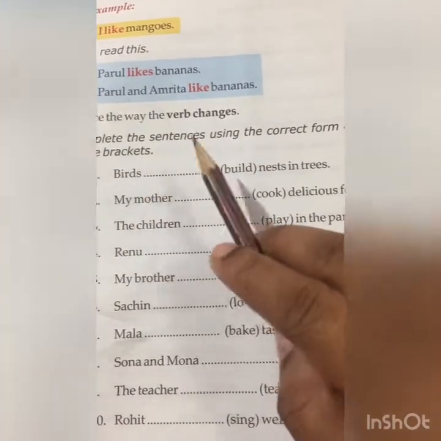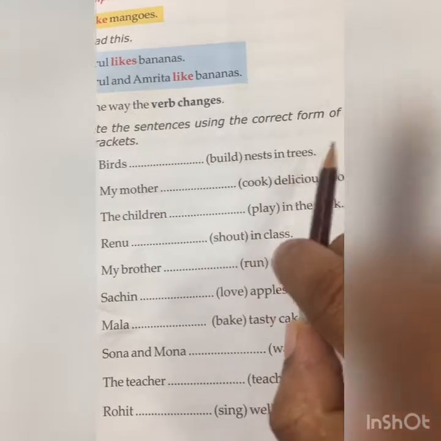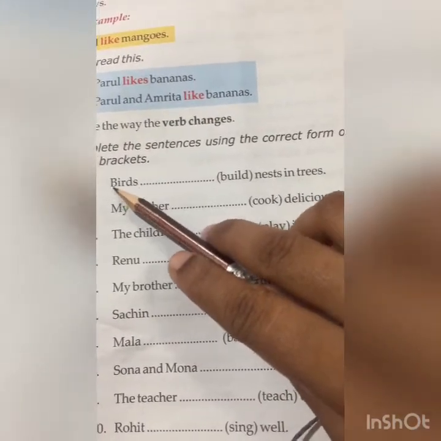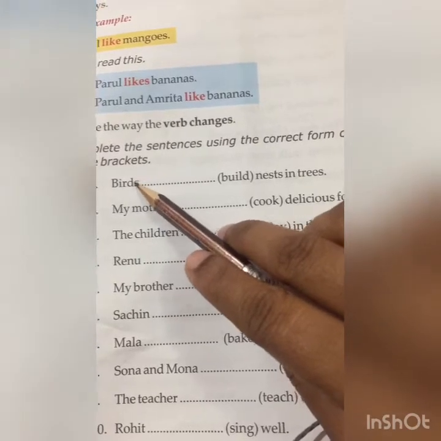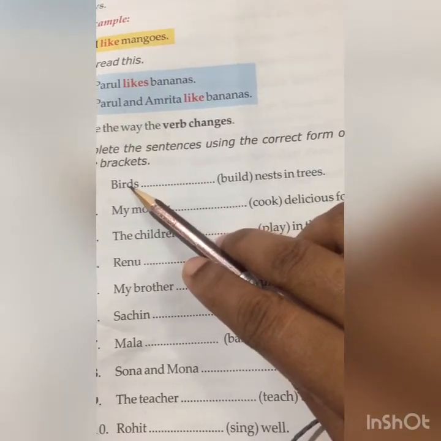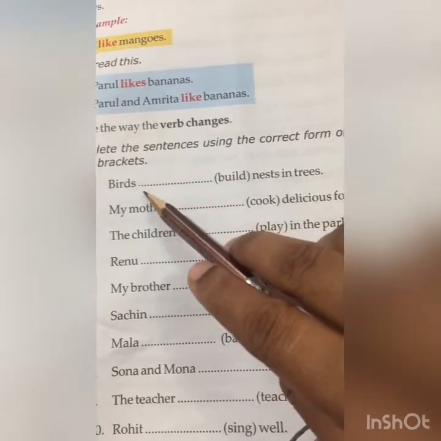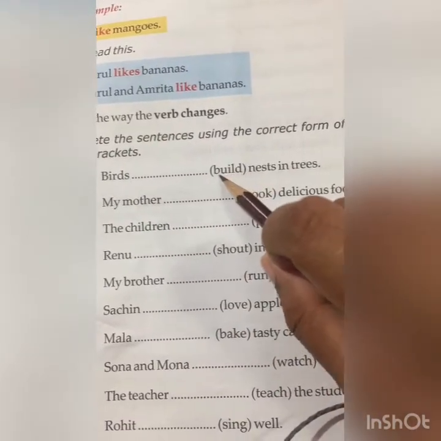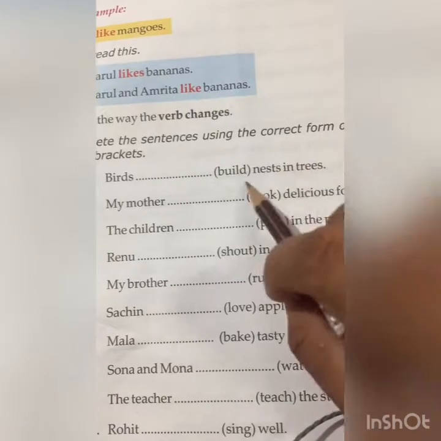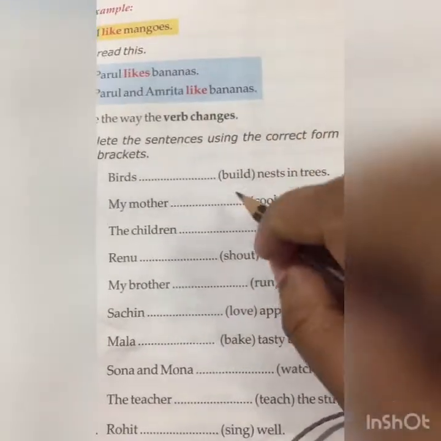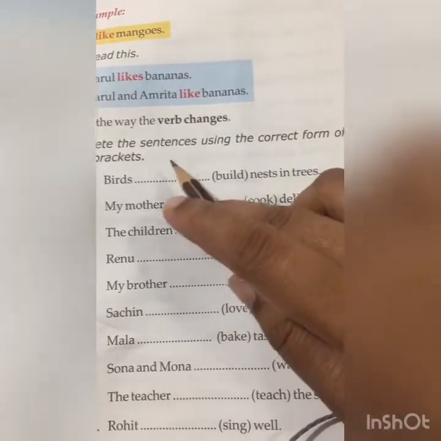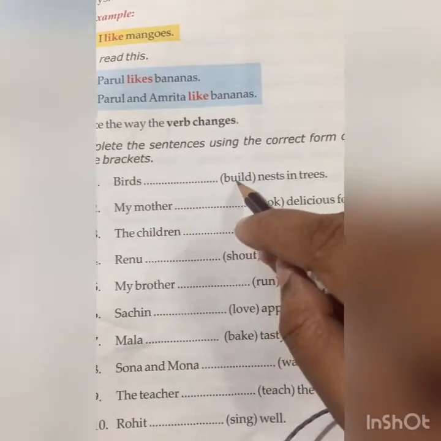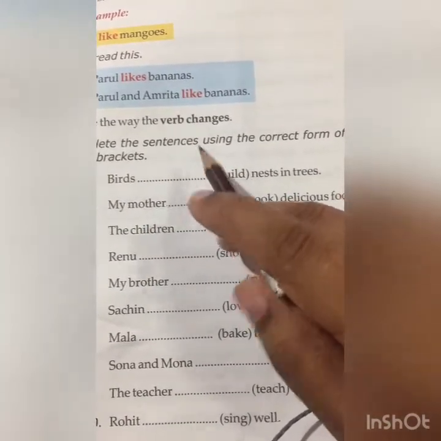Birds dash nests in trees. Birds, it is more than one. It is not bird, it is birds. Birds is plural, and the verb given is build. Which is the correct form of the verb? We have to write build or builds.